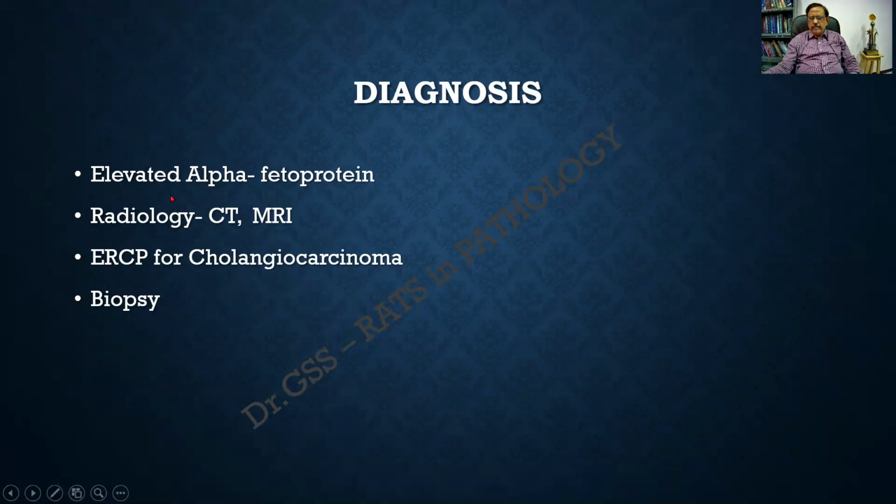How do you diagnose cholangiocarcinoma or hepatocellular carcinoma? In hepatocellular carcinoma, there is an elevation of alpha fetoprotein. Otherwise, radiology, the CT and MRI are important tools in diagnosis. ERCP, endoscopic retrograde cholangiopancreatography. A long word, we shall try to remember.